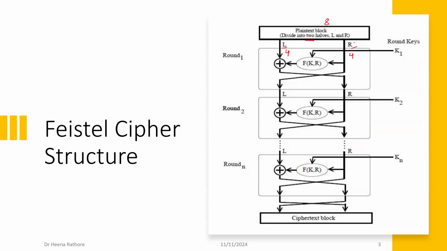Then what you do is you take your right-hand side 4 bits of data and apply a Feistel function, which is f, which will take in the key that you are using, which is K1, and you will do some kind of computation with respect to the right bits. So your key and your right bits should be 4 bits so that you can perform this function.